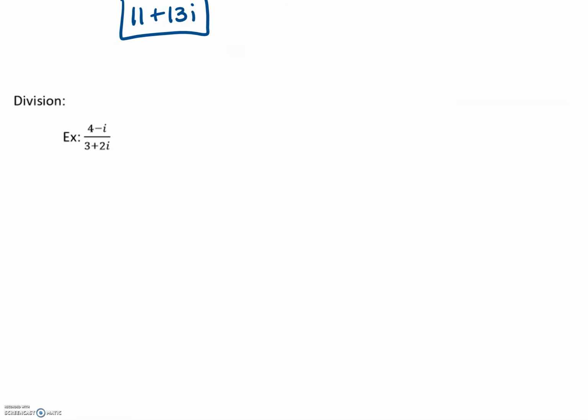Now the last type of operation that we would have between complex numbers is division. Remember, i is a square root, so we cannot leave a square root in the denominator. So to get rid of that i in the denominator, you're simply going to multiply the top and bottom by the conjugate.